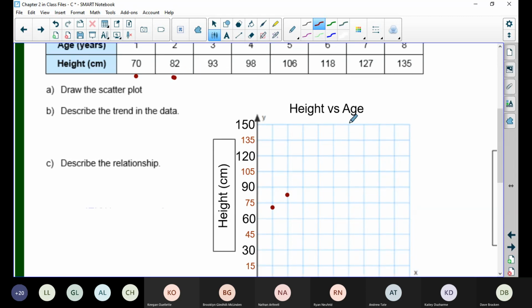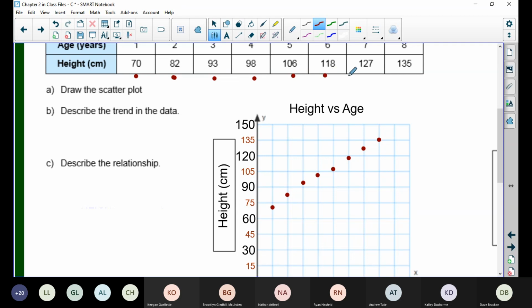Done. 3 and 93. 90 just above. 93 would be somewhere in there. 98 would be somewhere in there. 106, I'm just moving over a line every time. 118 is almost to 120. 127, about halfway. And then 135 exact. Okay.